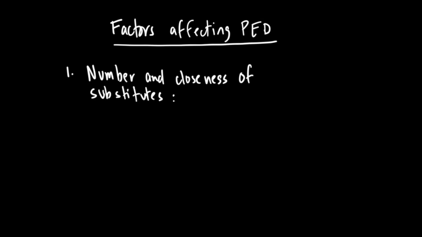Similarly, if two goods are very similar to each other, we call them close substitutes. And so the closer the substitutes, we say higher will be the PED, because the consumer will be very responsive to a change in price. If the price of one good goes up, he will switch to the other one, which he deems as a very, very close substitute. So let me write this.